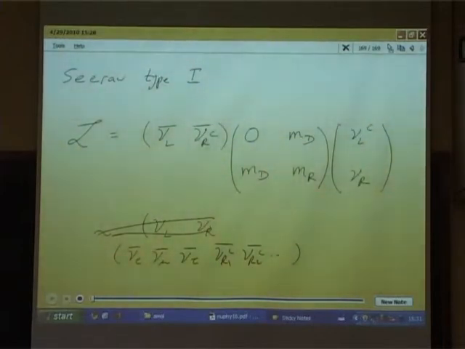So these are not just 2, but 3 normal neutrinos plus some n number of right-handed neutrinos. So this matrix does not have 2 components, but 3 plus n components. This is 3 plus n; similarly, this one is 3 and n.